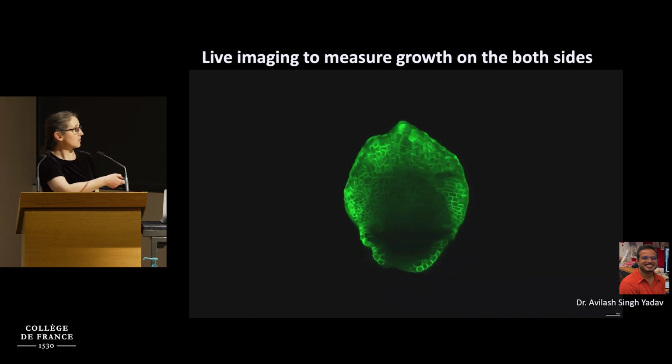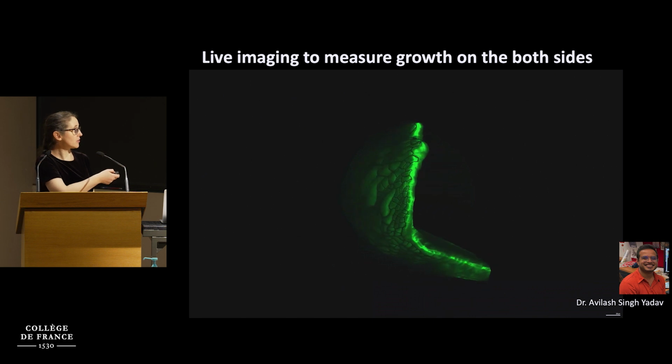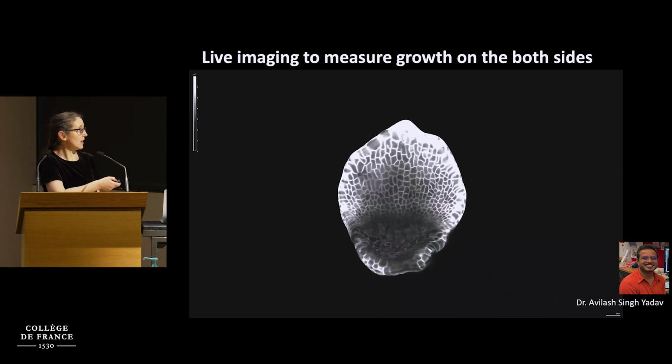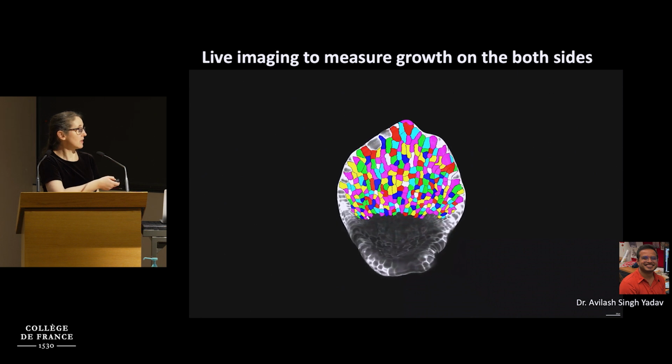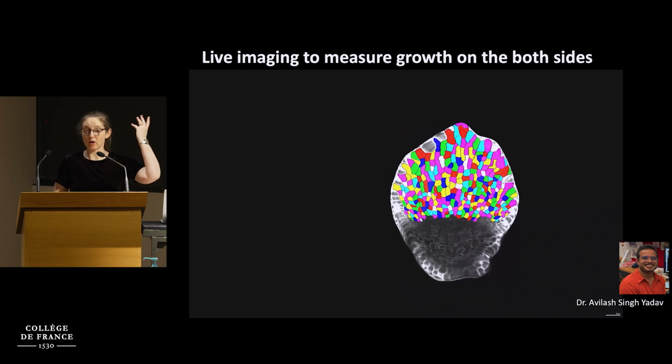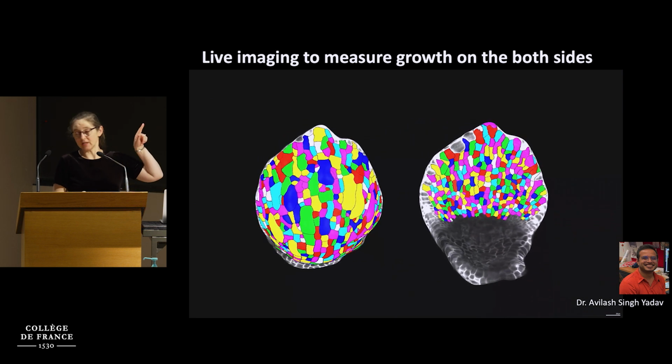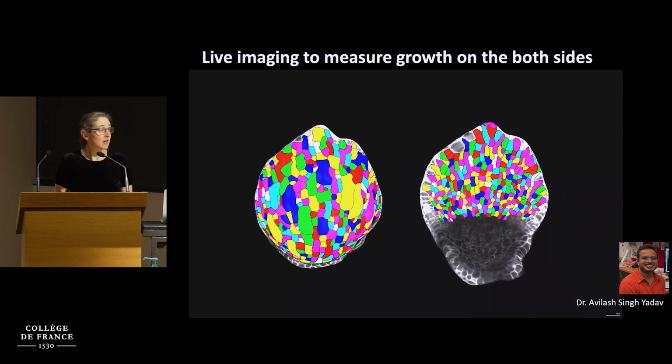Okay. So you've got that inner surface and the outer surface of the same flower. And you can get the cells on the inner surface and get them all segmented, and so we can quantify their growth while we quantify the growth on the outer surface. Everyone always calls these Avalanche's dancing sepals.